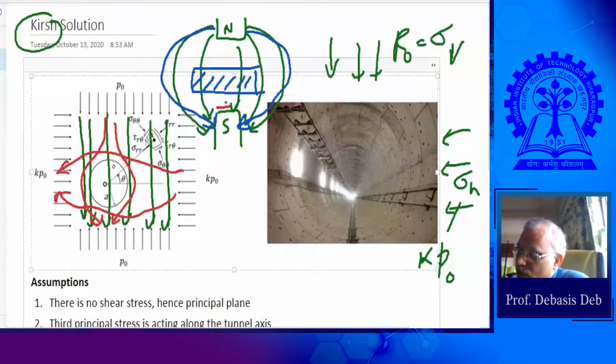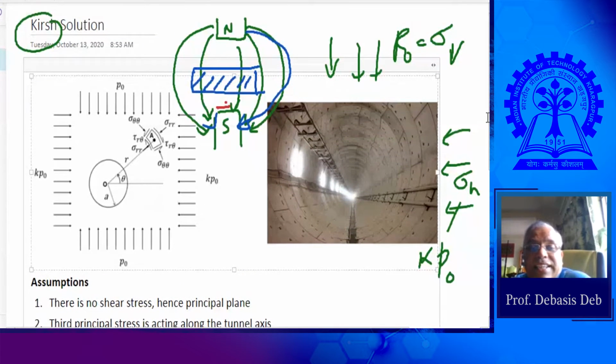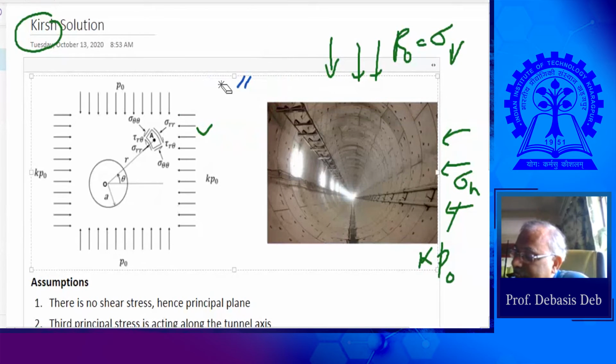Okay, to investigate that, a person called Kirsch, let me delete all this. I think right around 1856, if I am not mistaken, I didn't write the date, he developed a solution.